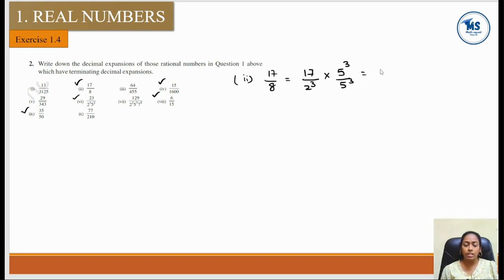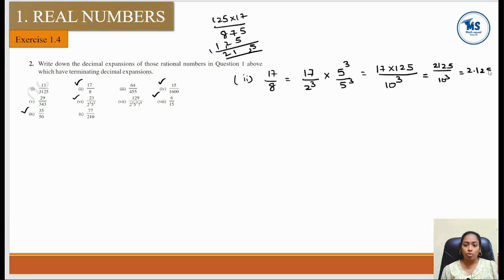Then 17 into 125 by 10 cube, which is 2125 by 10 cube, which will be 2.125. This is the terminating decimal expansion.